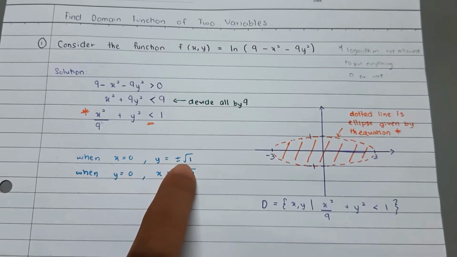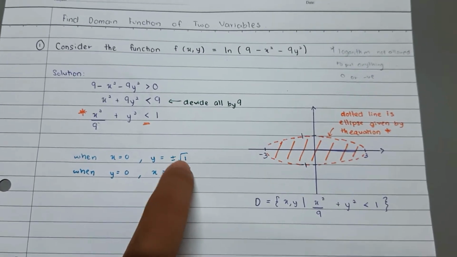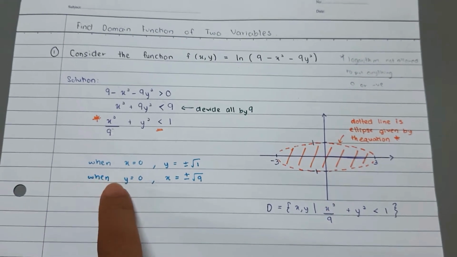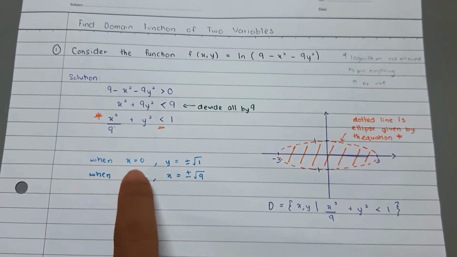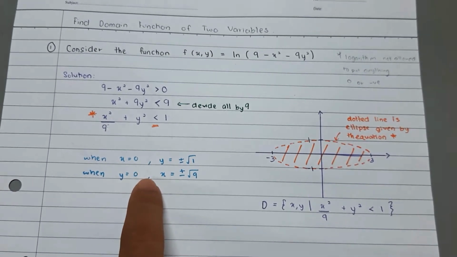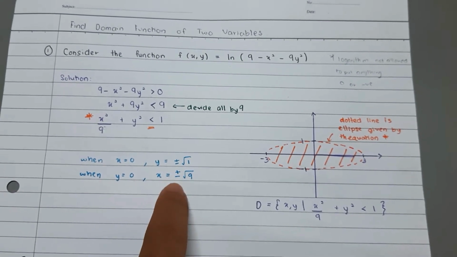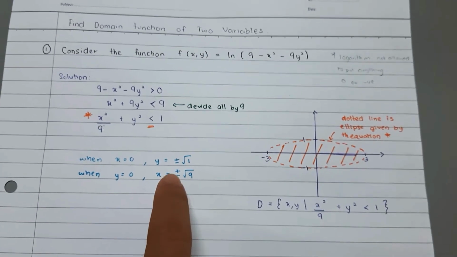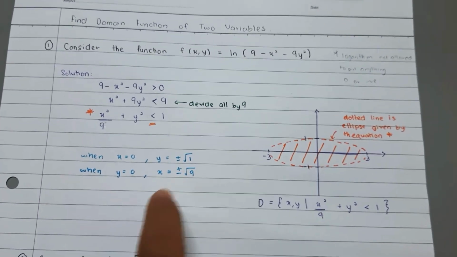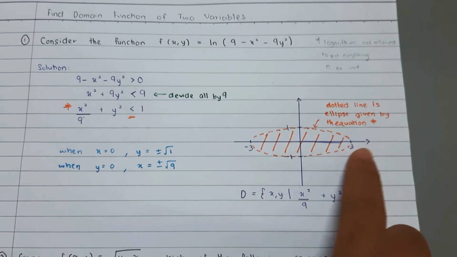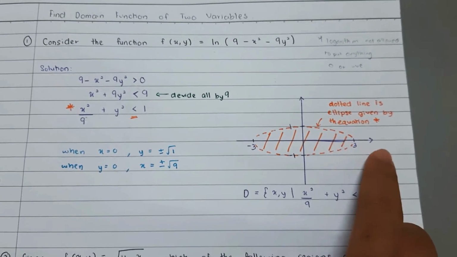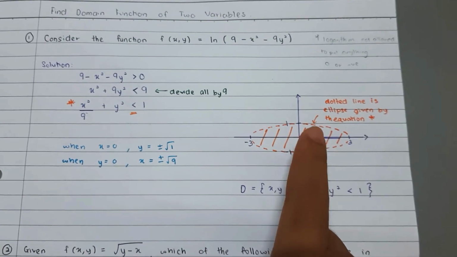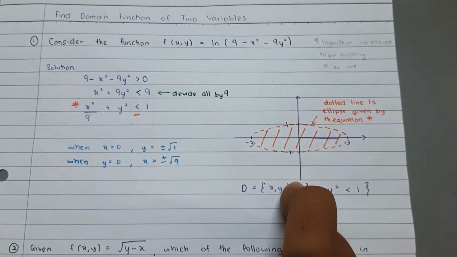The y value is plus or minus the square root of 1, and the value of x, when y is equal to 0, is plus or minus the square root of 9, which is 3 or negative 3. So we make the graph and we point 3 and negative 3 for the x value, and negative 1 and 1 for the y axis.